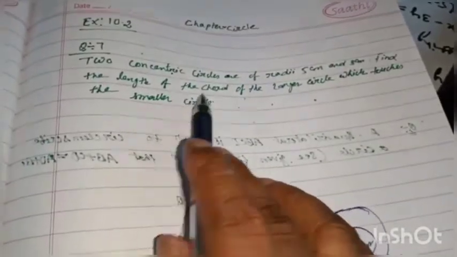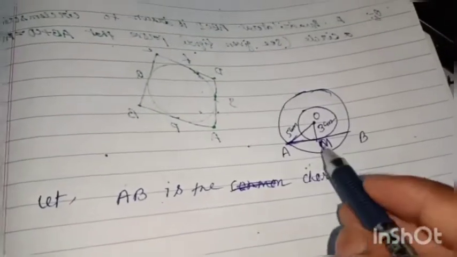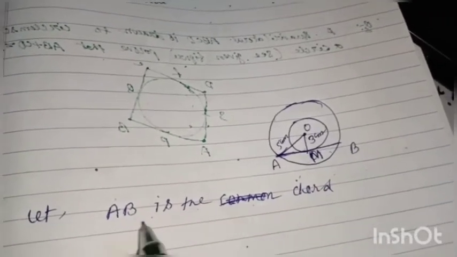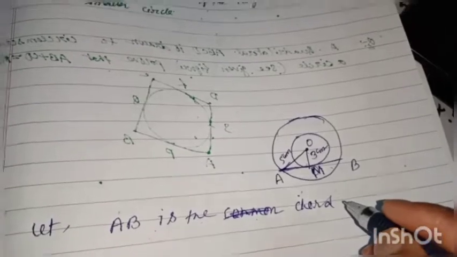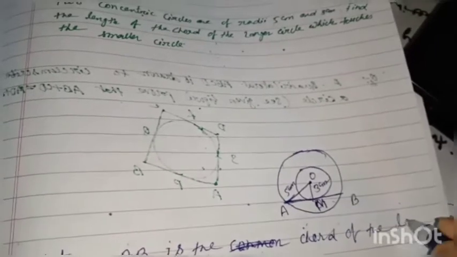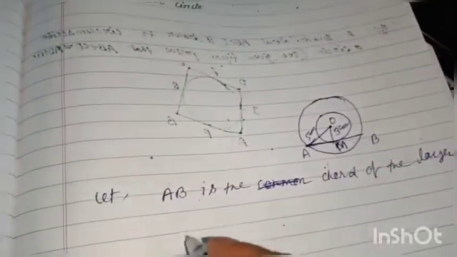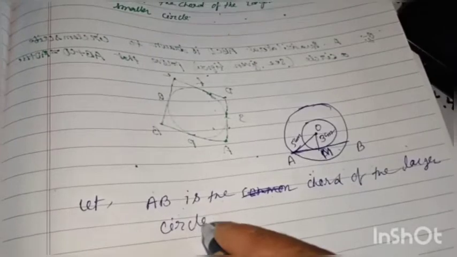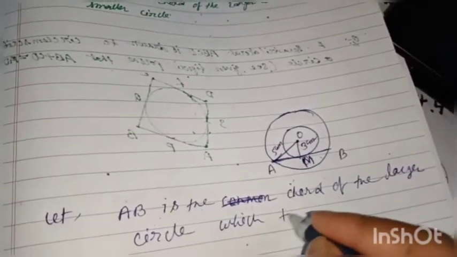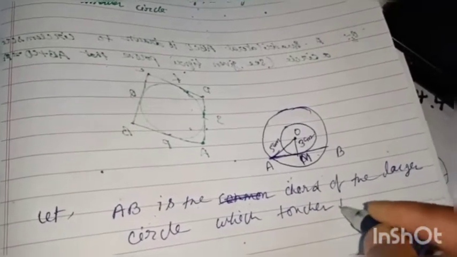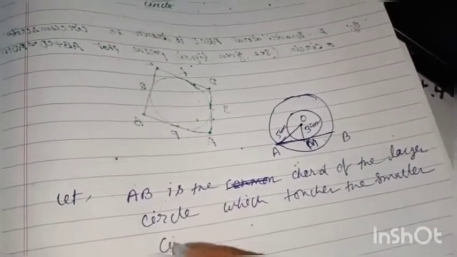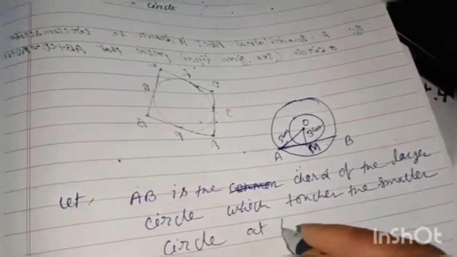AB is only a chord of the larger circle, it is not a chord of the smaller circle, so we cannot use the word common. AB is the chord of the larger circle which touches the smaller circle at M.